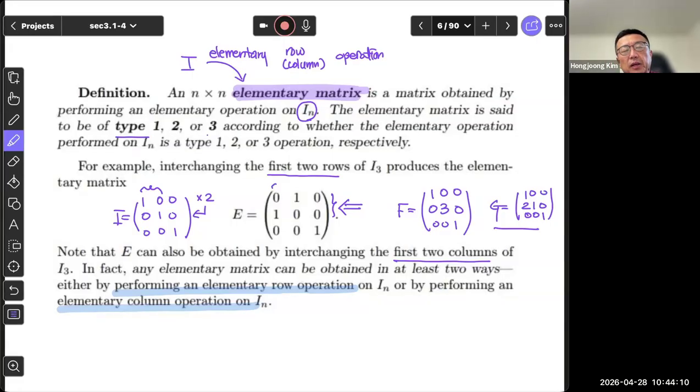But as I said, in our class we will focus on elementary row operations. Even though we can derive some elementary matrices by performing elementary column operations, we will focus on elementary row operations.